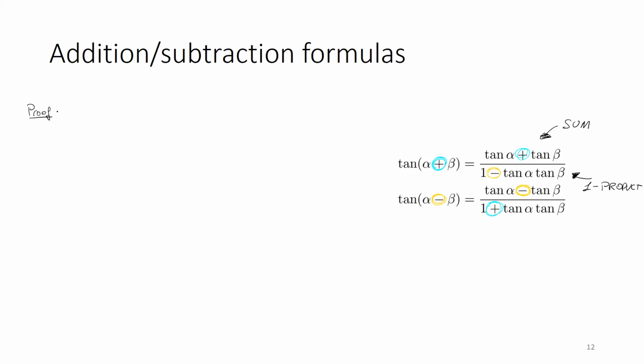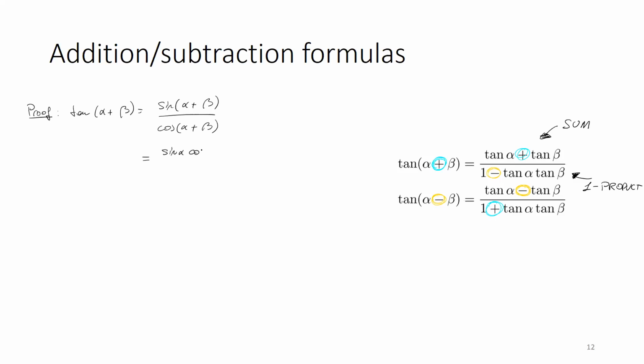If you wanted to know how this works, you could start with tan(alpha plus beta) is sine(alpha plus beta) divided by cosine(alpha plus beta). And then you work out with the addition formulas what each term is.